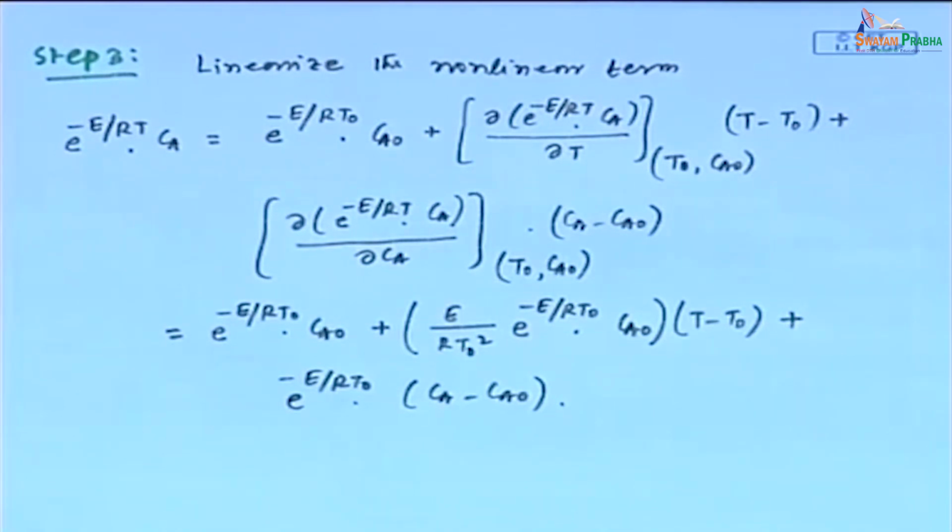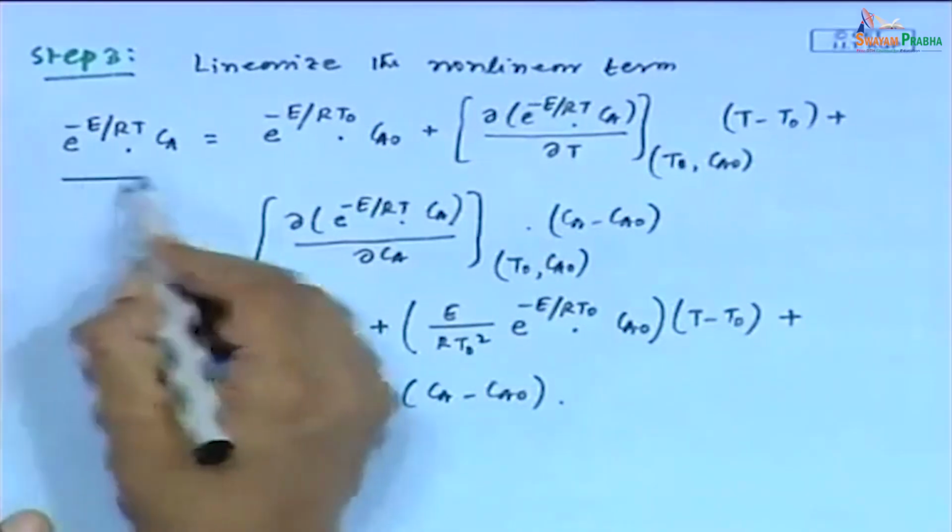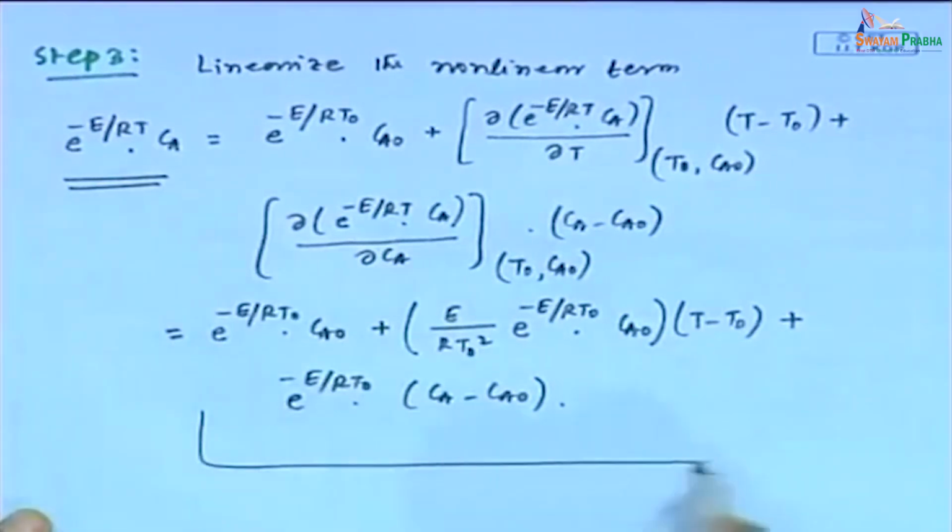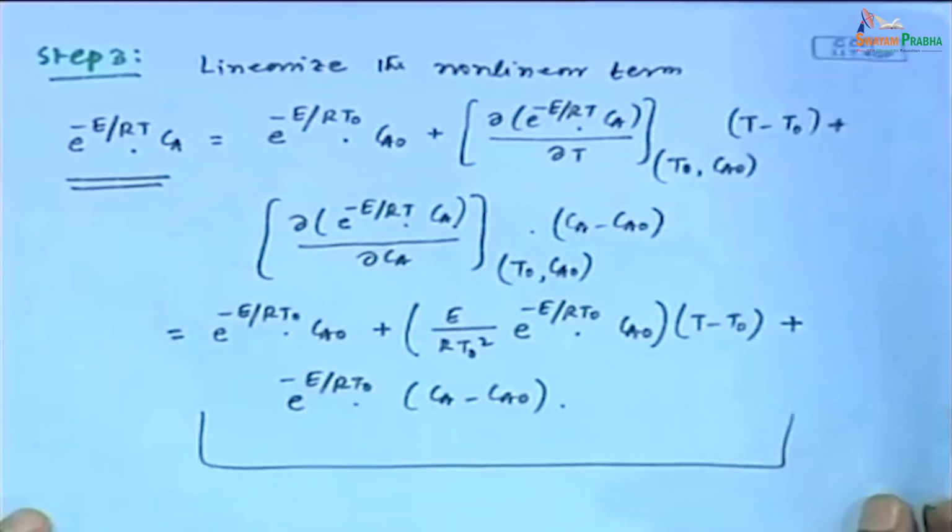In the next step, I mean in step 4, we will substitute this linearized expression in the nonlinear modeling equations. We will substitute the linearized term of e to the power minus E divided by RT CA in the nonlinear modeling equation. In place of this, you substitute this term, I mean this part.